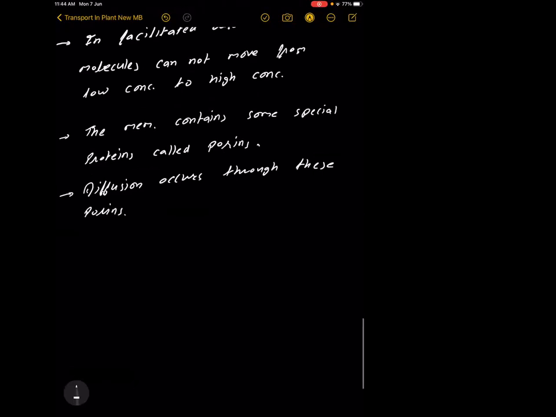Now, this transport occurs in two ways. Through this channel, or through this porin, it allows two types of molecular movement. Two different molecules may be possible. They can move.